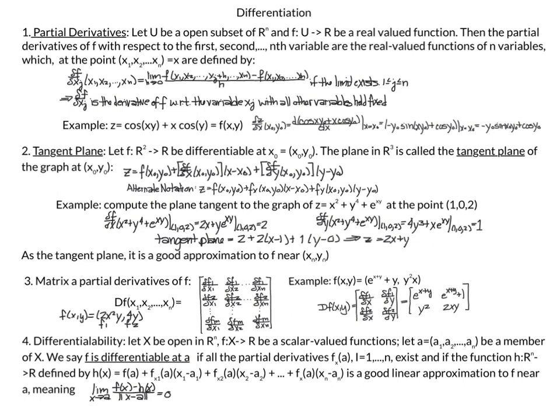We say f is differentiable at this vector a if all the partial derivatives with respect to a1, a2, up to an exist, and if the function h from Rn to R defined by h of x equals f of a plus the partial derivative with respect to x1 of a times x1 minus a1, plus the partial derivative with respect to x2 times x2 minus a2, up to the partial derivative with respect to xn times xn minus an, is a good linear approximation, meaning that the limit as x approaches a of f of x minus h of x, the difference between these two, is equal to 0.